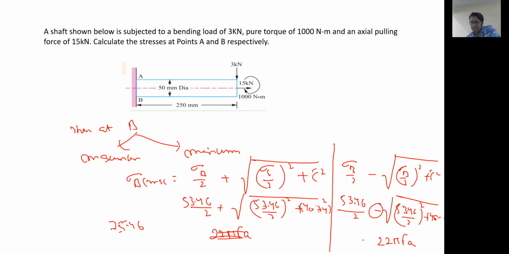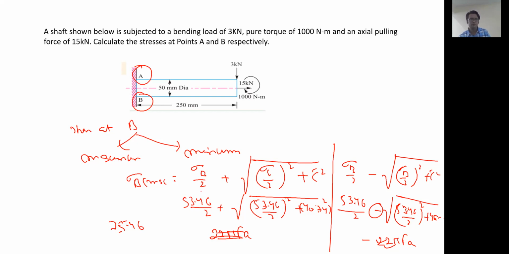The answer here will be negative. This shows that this 22 MPa is tensile. Why? Because it is at B. So at the B part, the maximum principal stress that we talk about is compressive. And at A, the maximum principal stress that we talk about will be tensile.